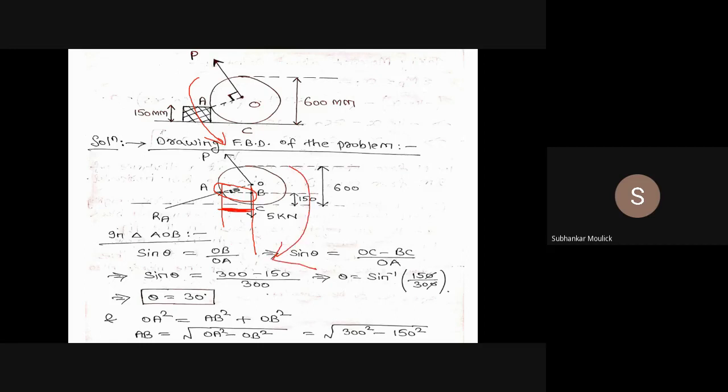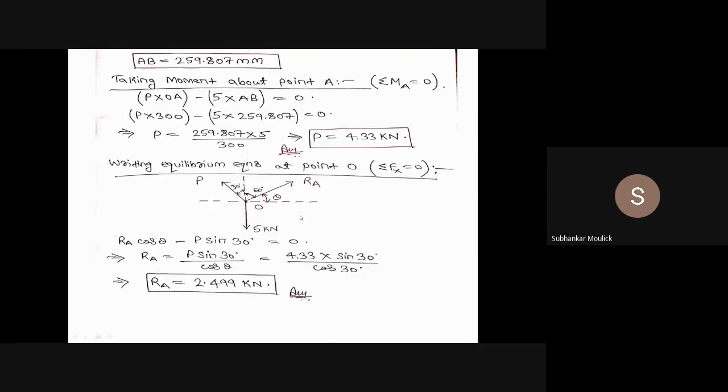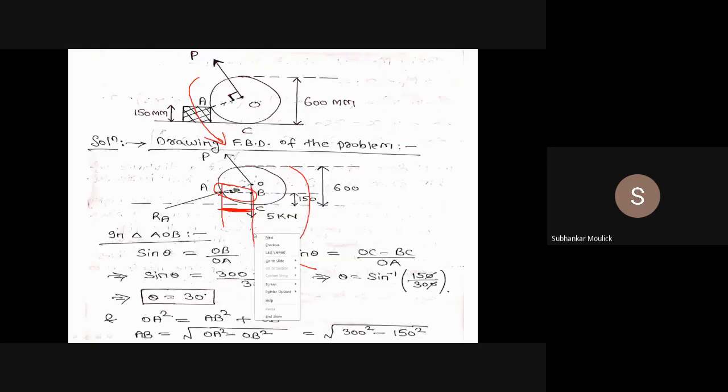It will try to move the entire body in clockwise direction. Already we have taken anti-clockwise moment positive. So for clockwise moment I will take negative. So minus 5 into AB. Is it clear? Yes, sir. Okay.